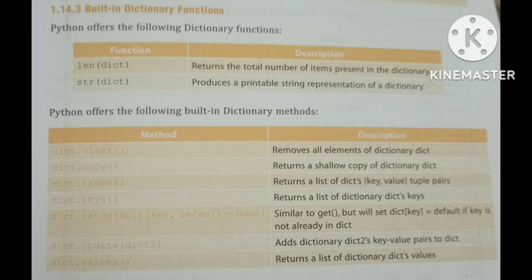Python offers the following built-in dictionary methods and their description. Dict.clear removes all elements of dictionary. Dict.copy returns a shallow copy of dictionary. Dict.items returns a list of dict's key value tuple pairs. Dict.keys returns a list of dictionary dict's keys.